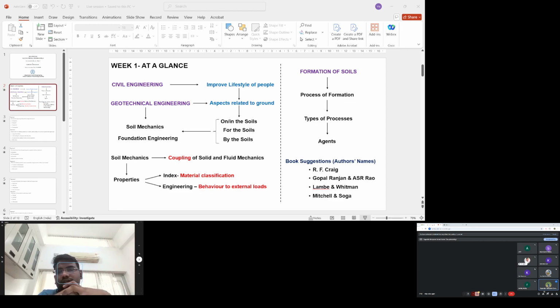These are essentially constructed by using soils. So the entire geotechnical engineering is divided into two major bifurcations: soil mechanics and, second, foundation engineering. Now we'll be studying soil mechanics.